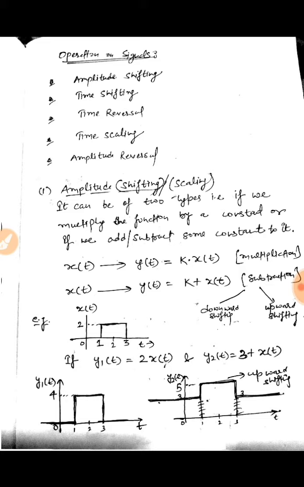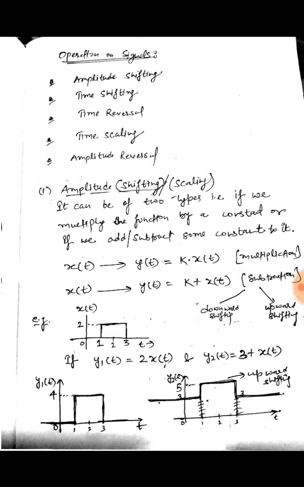Then we will see time scaling, in which the signal can be compressed or expanded in the time domain. And amplitude reversal, in which the amplitude of the signal would become negative. Okay, so let's start with the amplitude shifting and amplitude scaling.